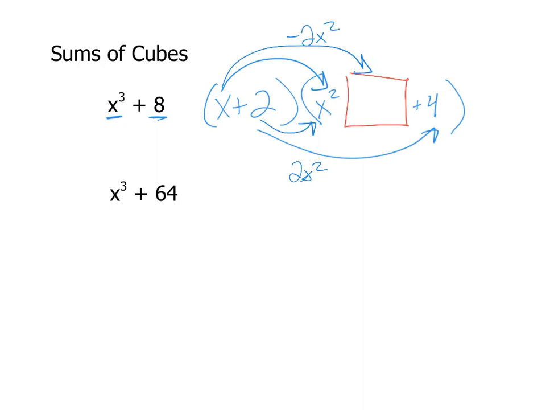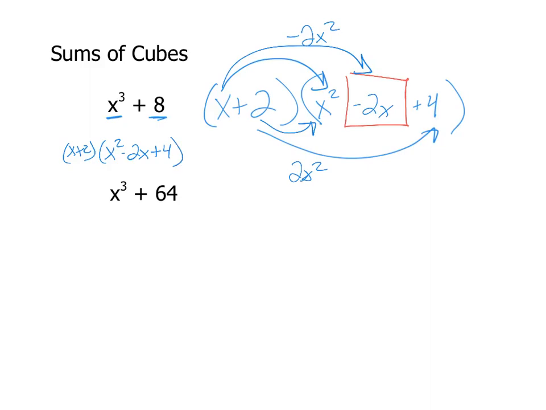So if I multiply x times negative 2x, I'm going to get a negative 2x squared term to cancel my positive 2x squared. So then the factoring of x cubed plus 8, just to write a little bit neater, is x plus 2 times x squared minus 2x plus 4.